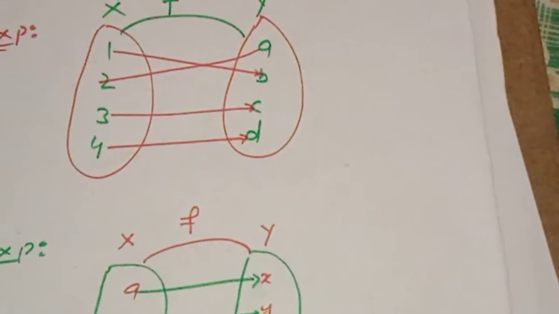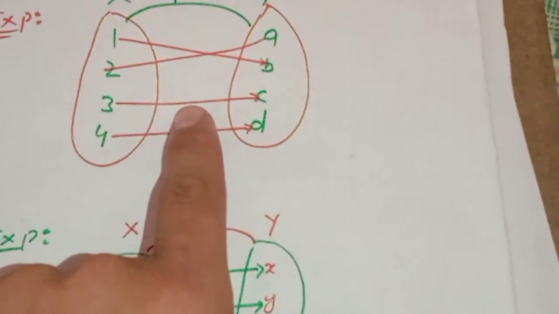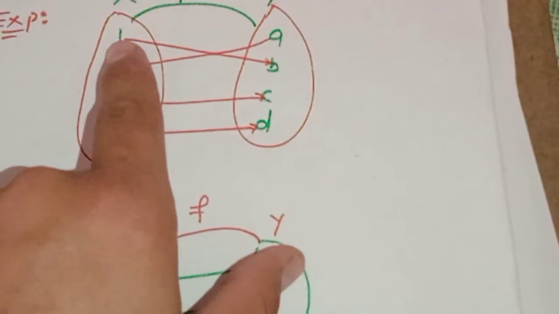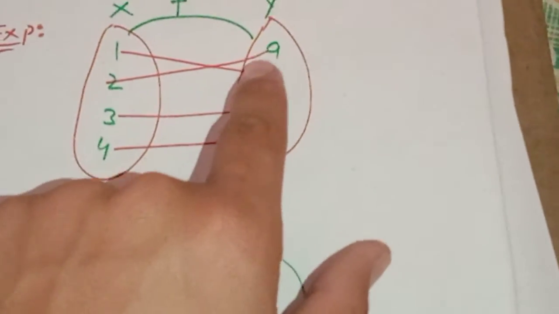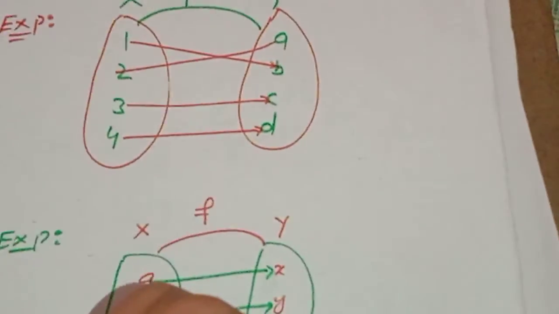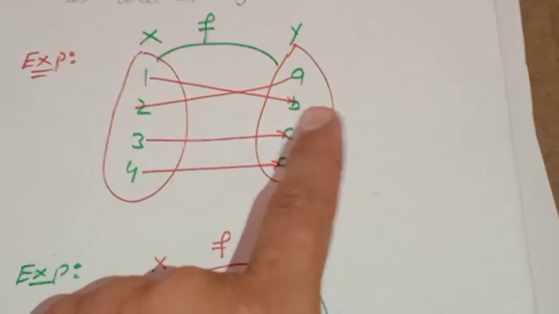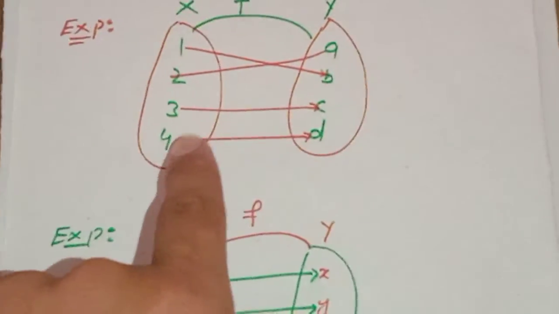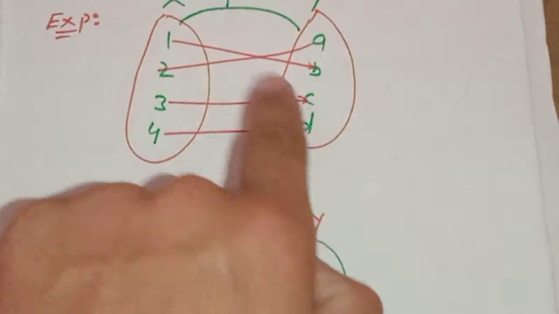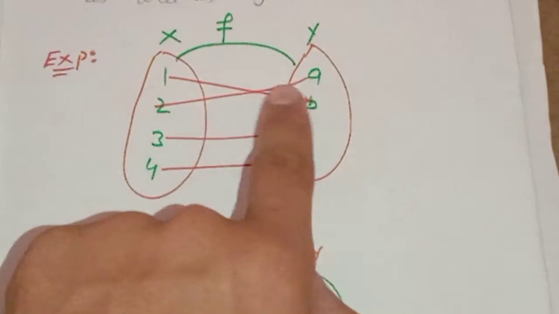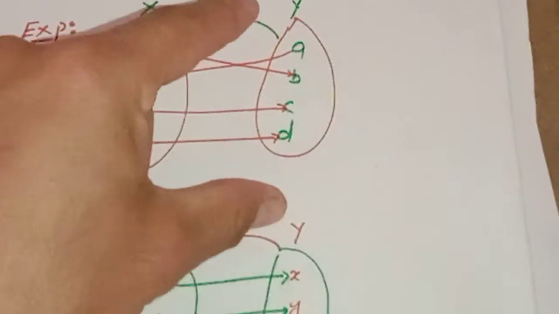Now we are going to focus on the one-one function. Is it a one-one function or not? First of all, all the elements of set X are mapping with only one element in set Y. So we can say that it is a one-one function because there is one-one mapping from set X to set Y. Number second, the range set Y will be completely used.